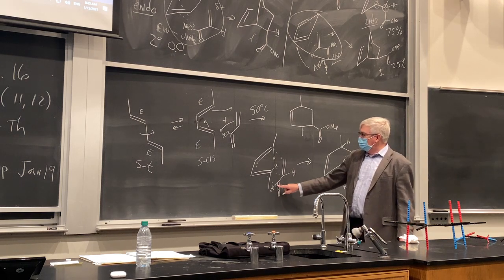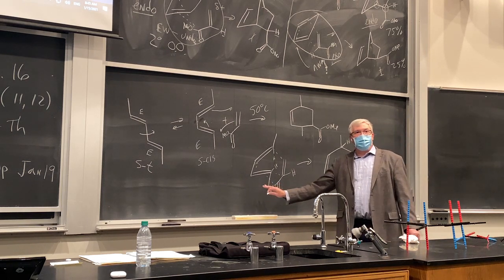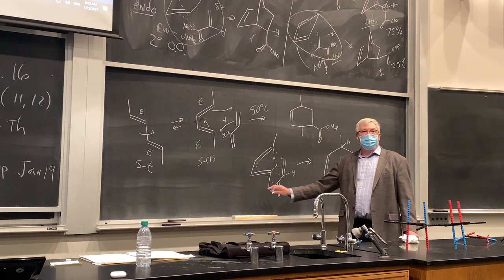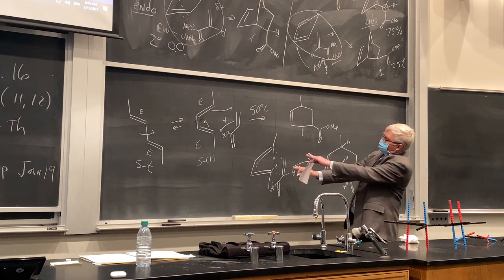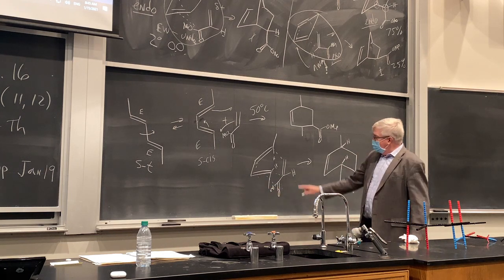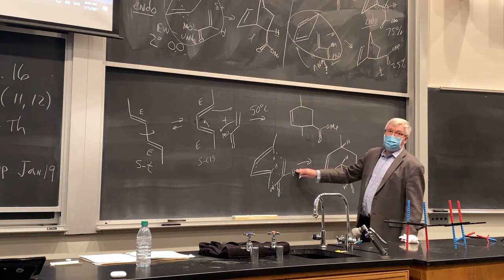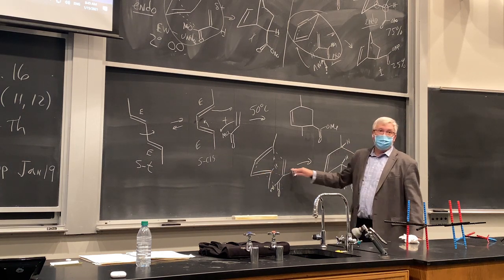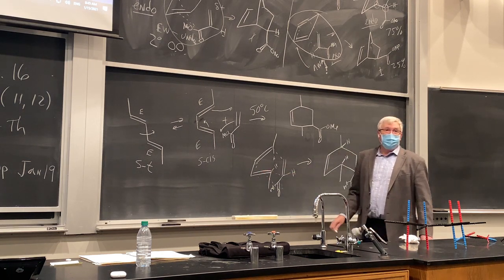So always put the withdrawing group tucked underneath the diene when you draw the transition state. You can see that in 3 dimensions, maybe, that this ester would be underneath. And not here. If it's out here, that'll be the exo transition state. And then electronically, you see it's very remote from the diene.